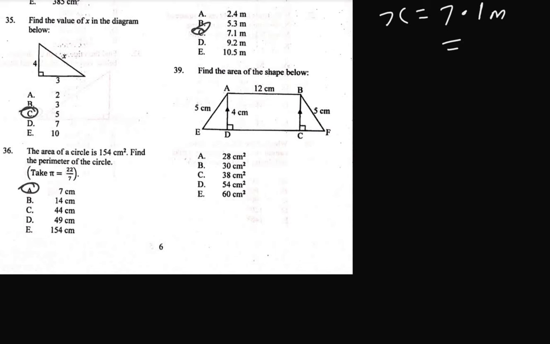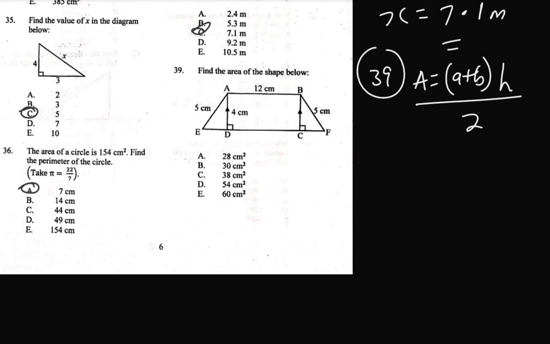Question 39 says find the area of the shape below. What we have is a trapezium. The formula for calculating area of a trapezium is (a plus b) times the height, divided by 2. In this case, a is always the top part and b the bottom part.